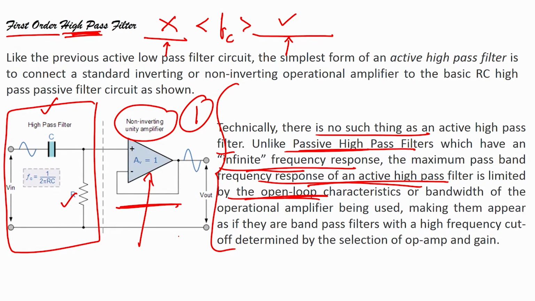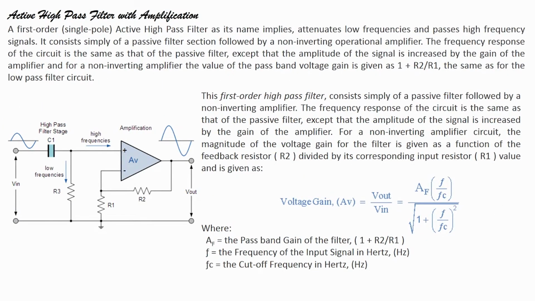But what if I want to amplify the signal? Then I need to use the inverting or non inverting amplifier. Here I am using a non inverting amplifier, as you can see the output of the filter is fed to the non inverting terminal of the operational amplifier, correct.